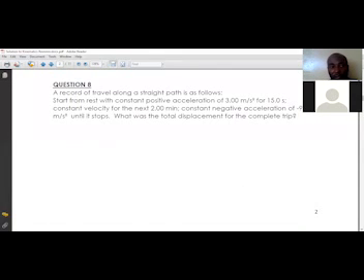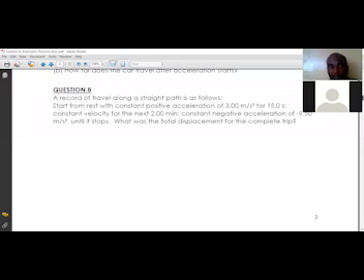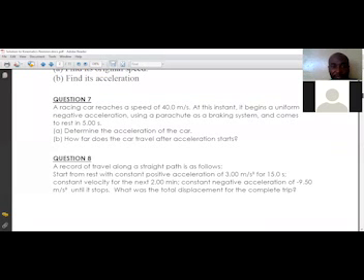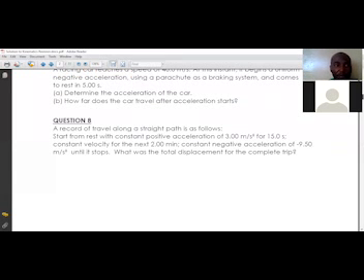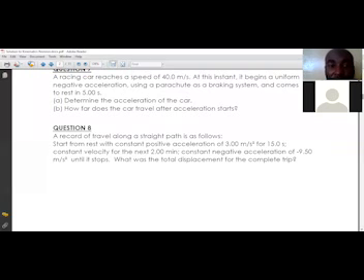The next one, question 7. A racing car reaches a speed of 40 meters per second. At this instant, it begins negative acceleration, meaning Bambo Banyantama brakes and comes to rest in 5 seconds.